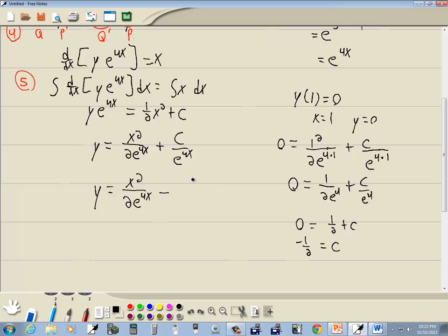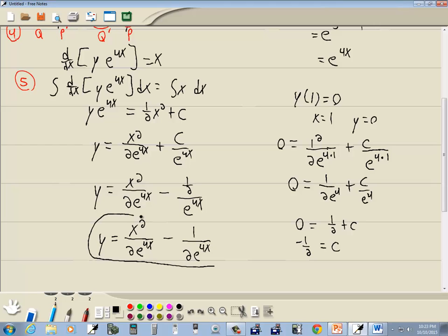I'll put the minus out in front. 1/2 over e to the 4x, or y is equal to x squared over 2e to the 4x minus 1 over 2e to the 4x. And that helps us to get rid of the c when you apply that condition.